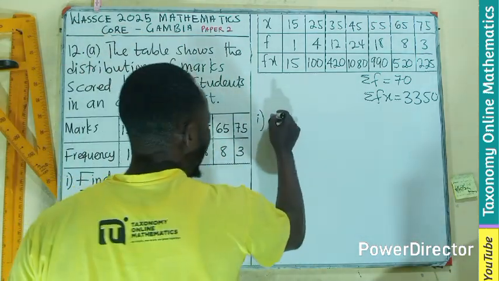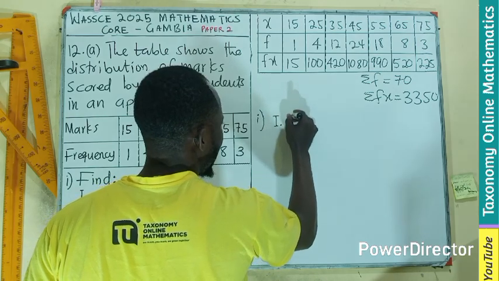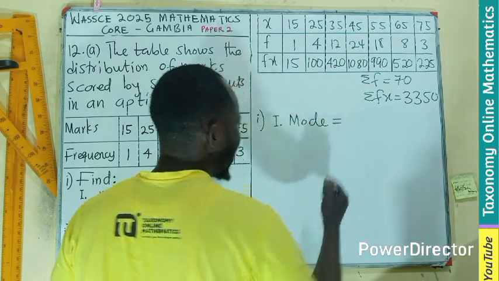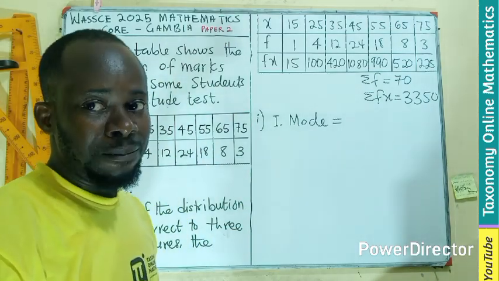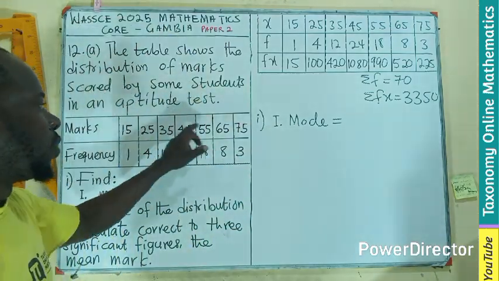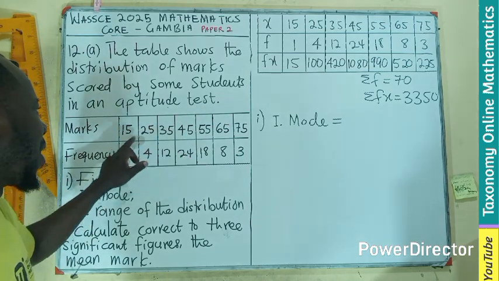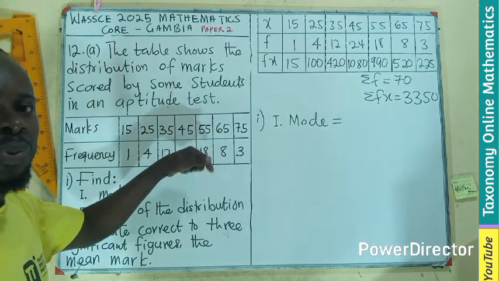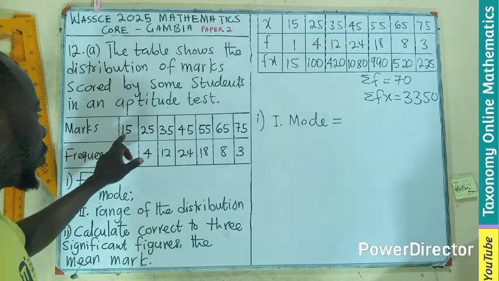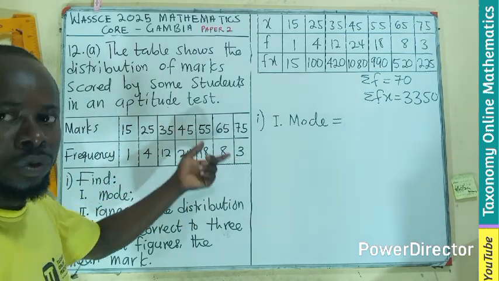Question 1i. We are looking for the mode. Remember, the mode is the most occurring data. What is the data? The marks obtained by the students. Each of these numbers appeared this number of times. That's a repetition. So, which of these numbers appears the most?